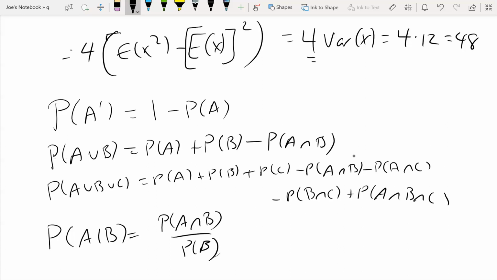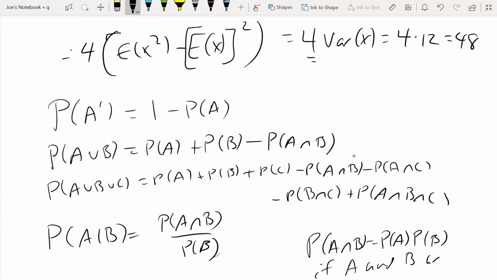We also talked about independence. So when we have independence, we can just break up the and as the product of the 2.